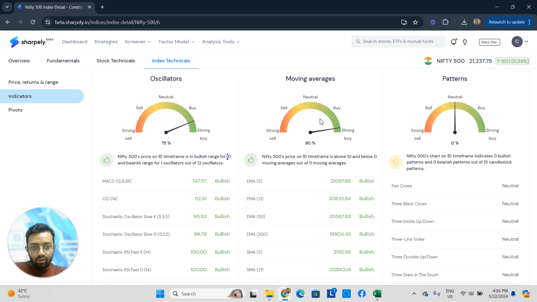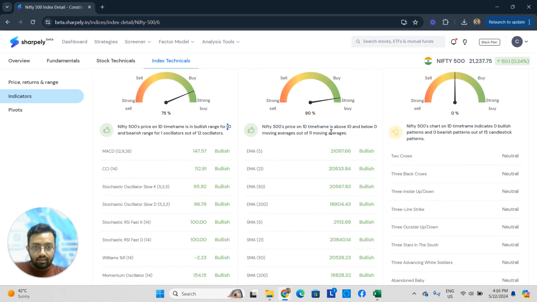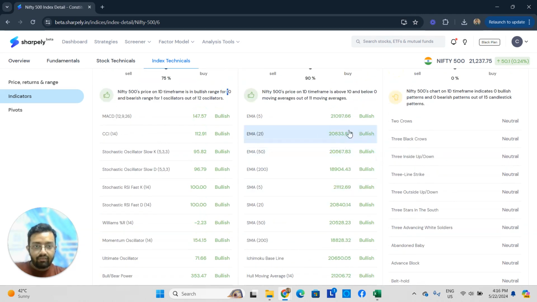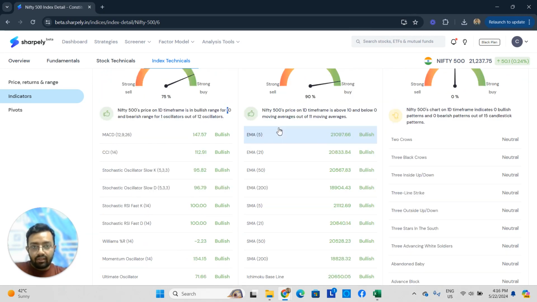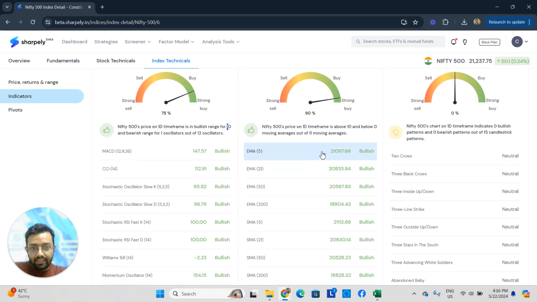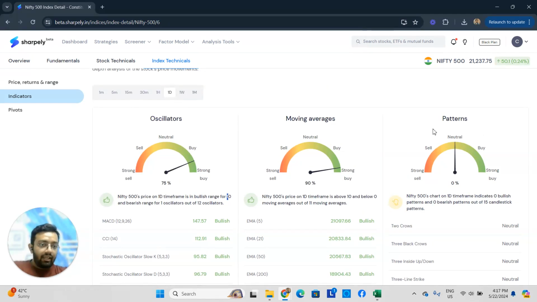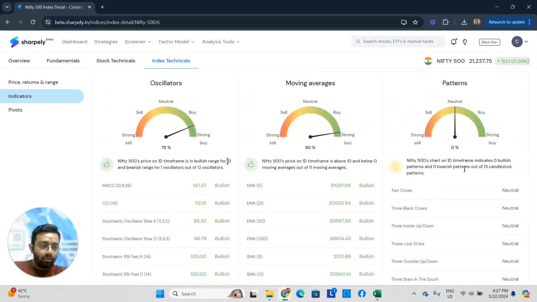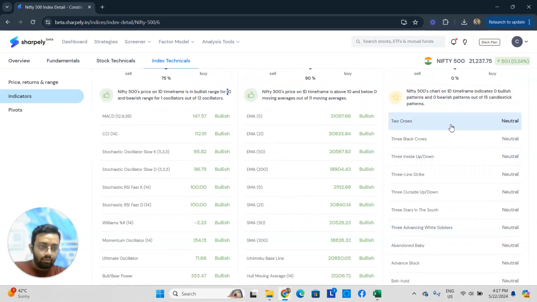If we talk about moving averages, then 10 moving averages out of 11 are giving bullish signals. So if the stock is above the moving average, then it is called that the EMA is giving a bullish signal. And same goes for the pattern. So most of the patterns are neutral as of now, as you can see.